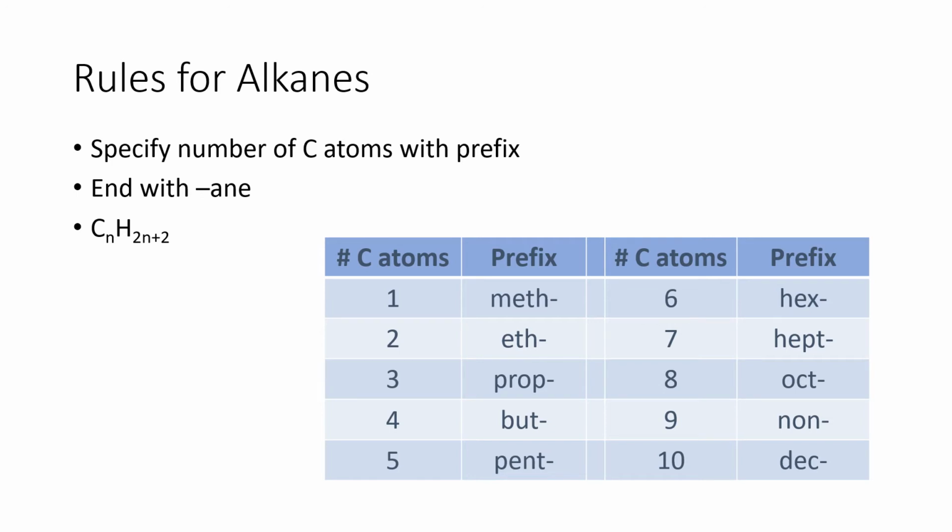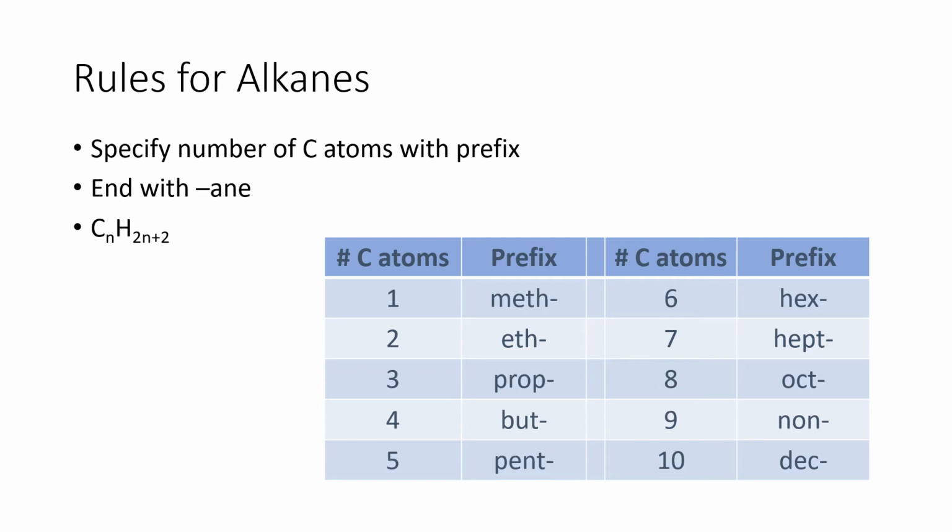In fact, if you look at 5 through 10, they look very familiar. 5 is pent, 6 is hex, 7 is hept, 8 is oct, 9 is non, and 10 is dec. We're dropping the a at the end of them because we're going to put an ane suffix or ending on it, so we don't double up the a's. We don't say octaane, we just say octane.